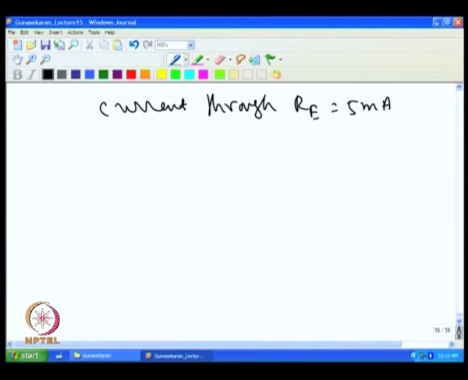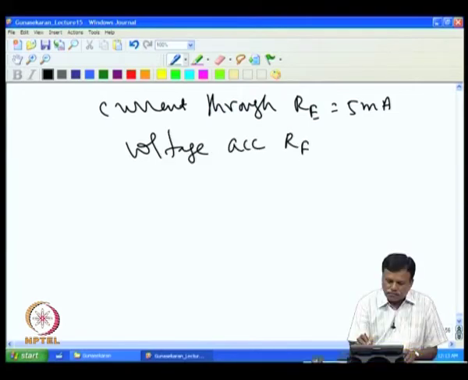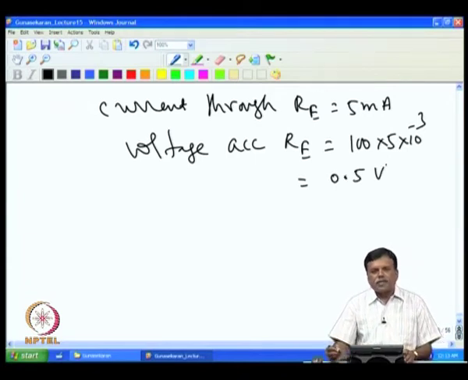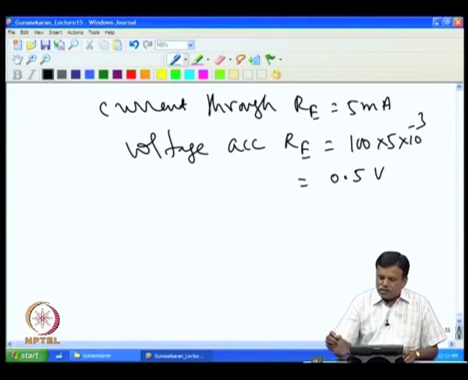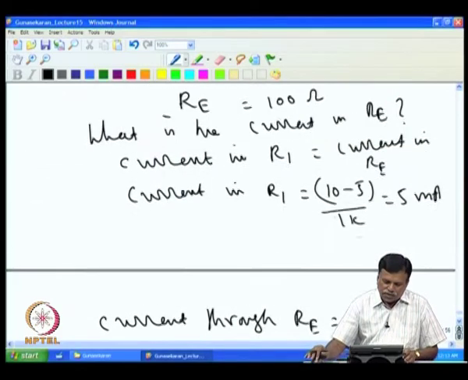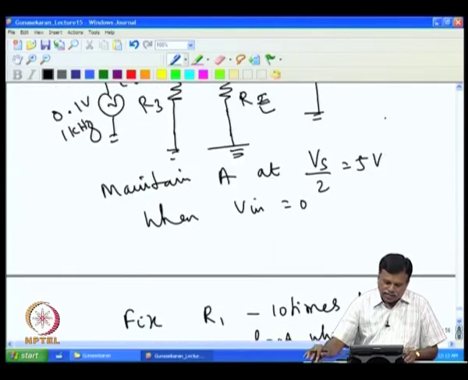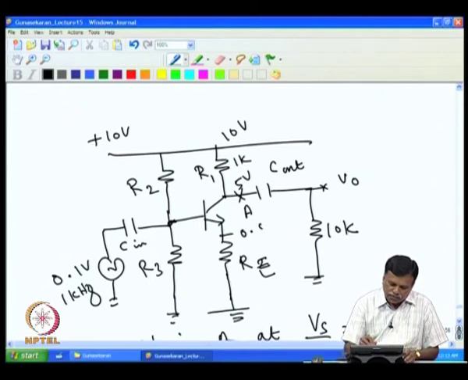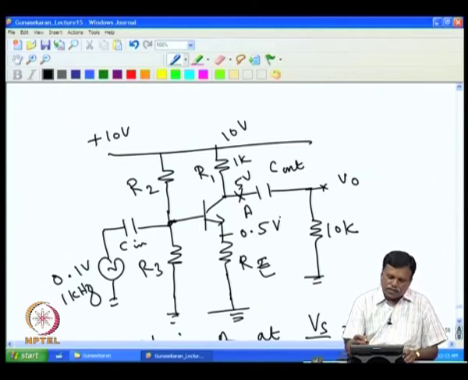So, we can always find the voltage across RE. The voltage across RE is 100 ohms into 5 milliamps, that is 0.5 volt. If I go back to the circuit, the voltage at this point becomes 0.5 volt when there is no AC signal.